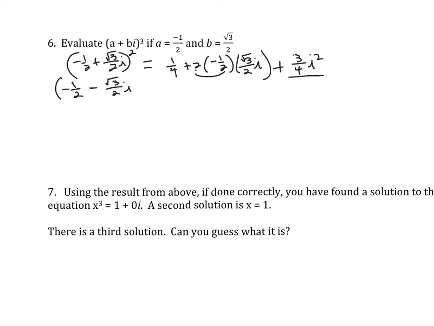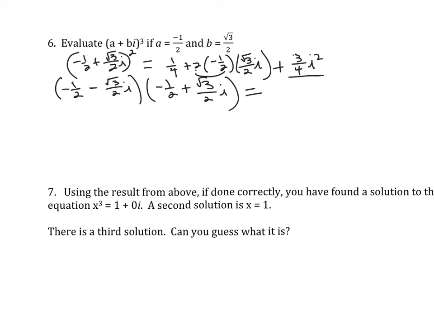Now we're going to take this and multiply it by, basically, its conjugate. Because now, well, exactly its conjugate, because now we're multiplying what we just found, which was negative 1/2 minus root 3 over 2 i, times our original negative 1/2 plus root 3 over 2 i, because this will give us now our number raised to the third power.